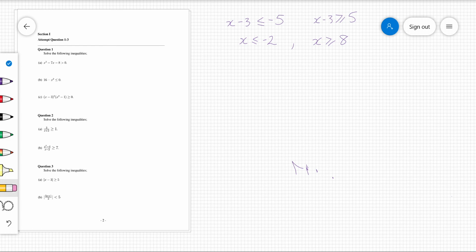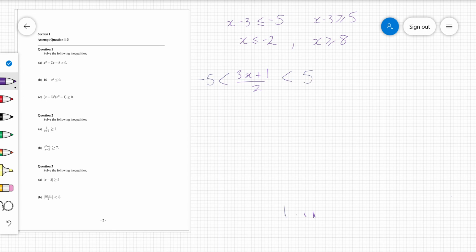Okay, let's look at that second one. If we're solving this absolute value, same thing here, except it's a less than 5, so it's a between. So we've got this is going to be between minus 5 and 5.